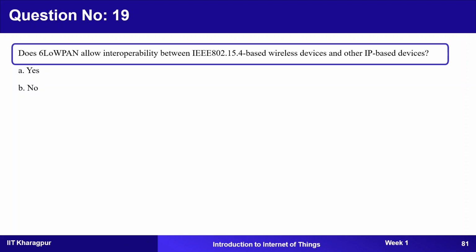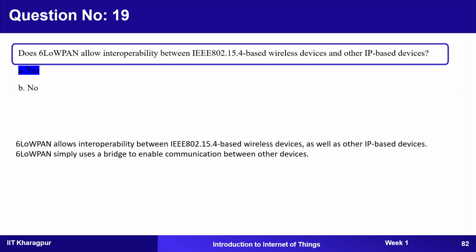Anyone? No idea, madam. Okay. Your 6LoWPAN provides interoperability. We have discussed this in the features of 6LoWPAN, that it is responsible for providing interoperability.